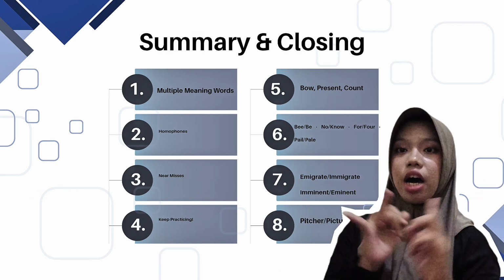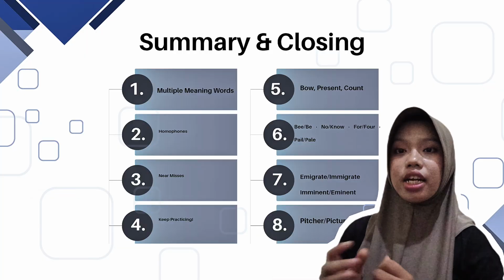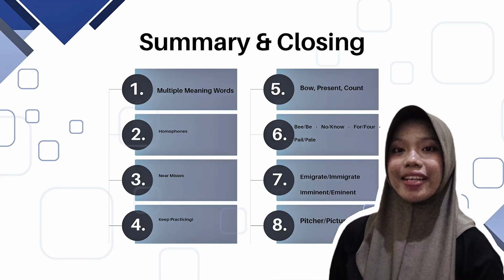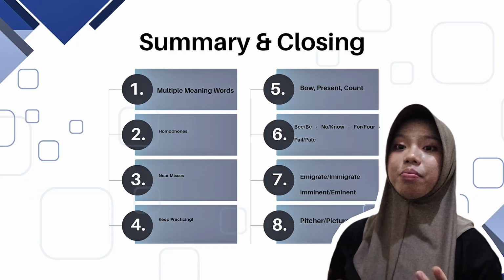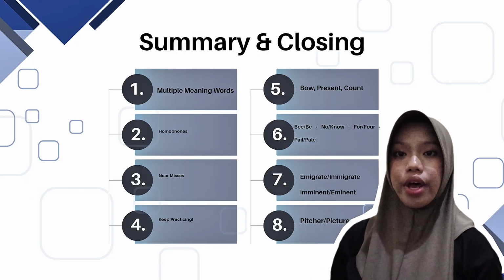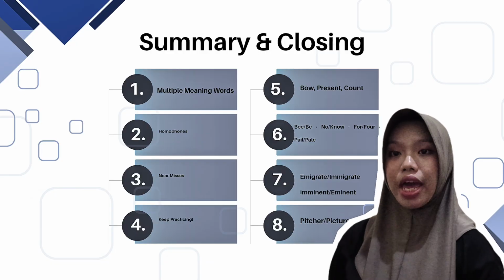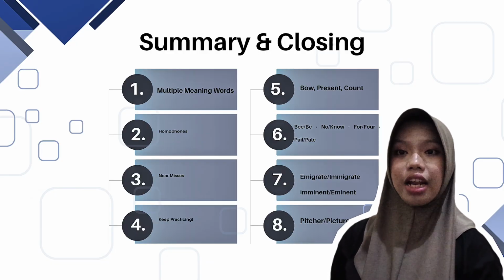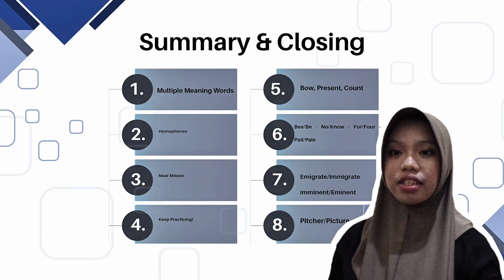The second one is homophones, and the last one is near misses. We learned several examples such as above, present, count, be and bee, no and know, for and four, pale and pail, imminent and eminent, immigrate and emigrate, and many others.